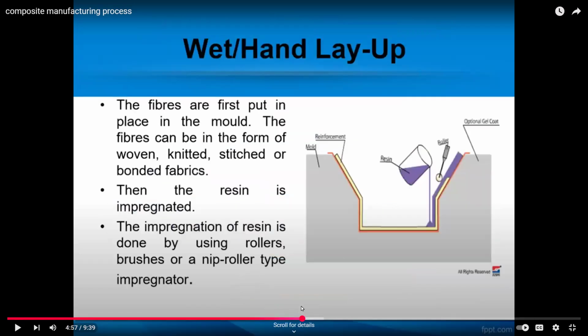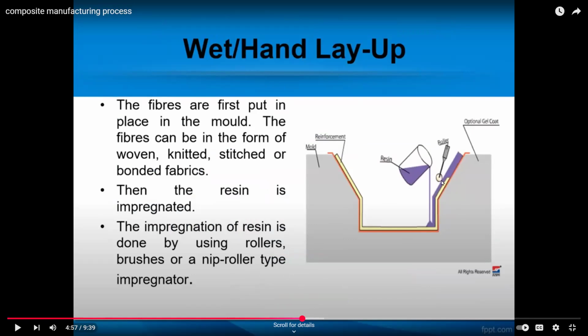A very simple methodology is the wet hand layup. See, this is a mold, and we have the composite fabric, and then we have a resin system.